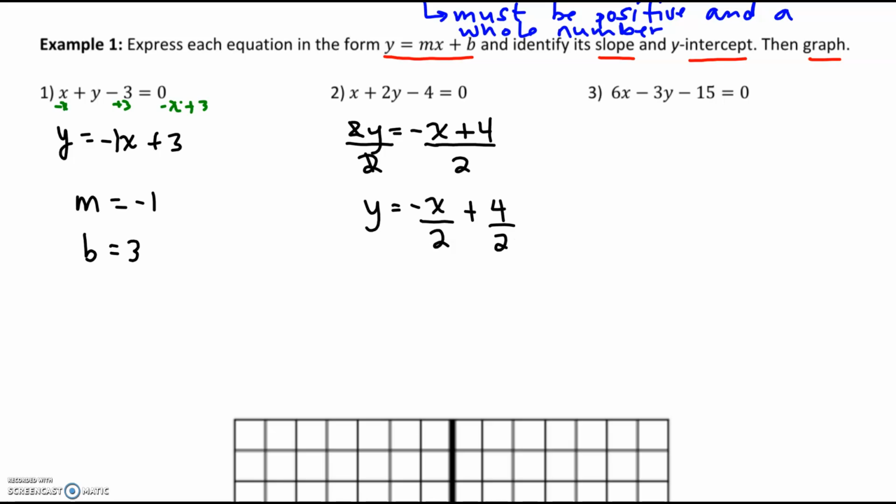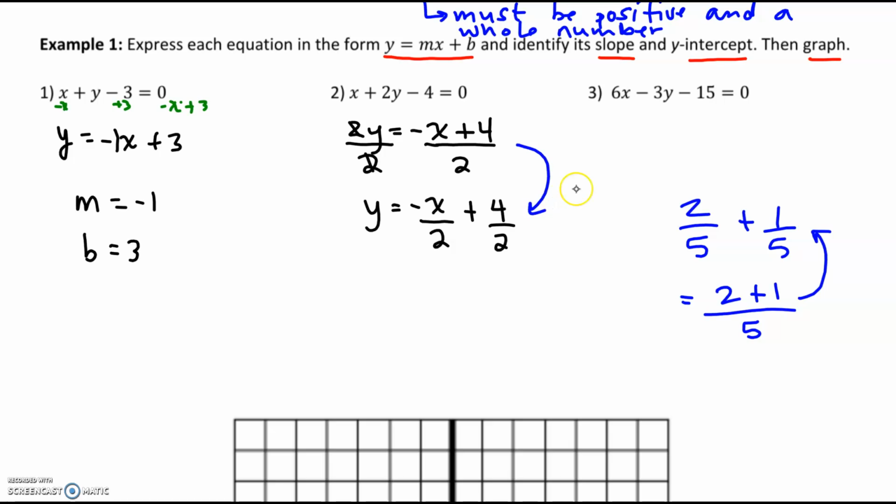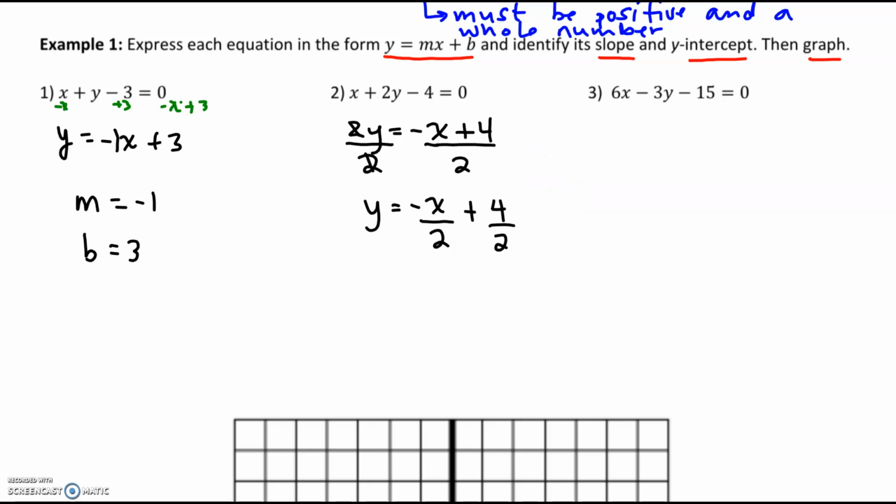Think when you are adding and subtracting fractions, if I have 2 over 5 plus 1 over 5, that is the same as 2 plus 1 over 5, because we know that denominator just stays the same. So we're just doing the opposite. We're taking that 2 plus 1 and putting each one over 5, right? That's what we did here. All right, so now we are going to simplify each term.